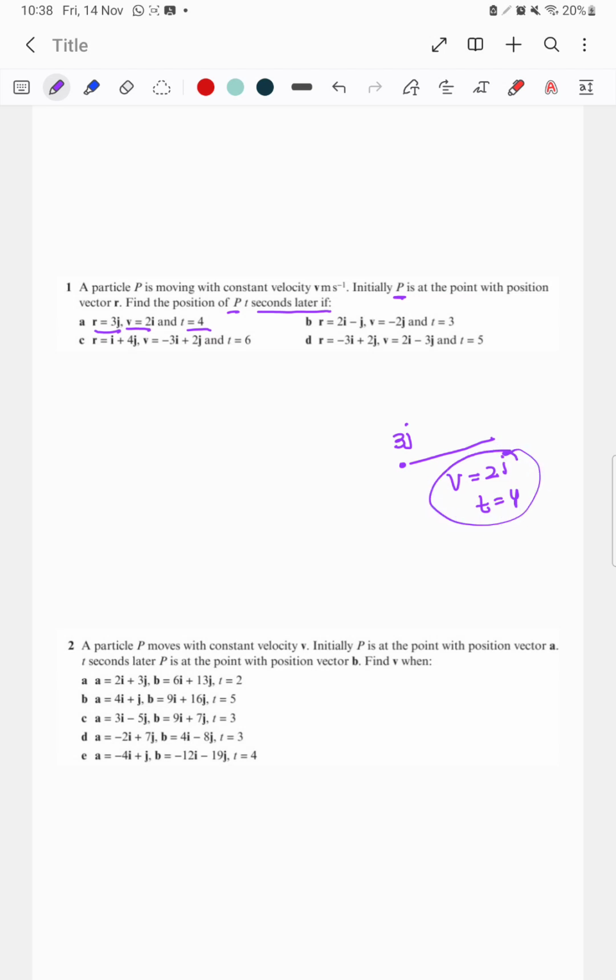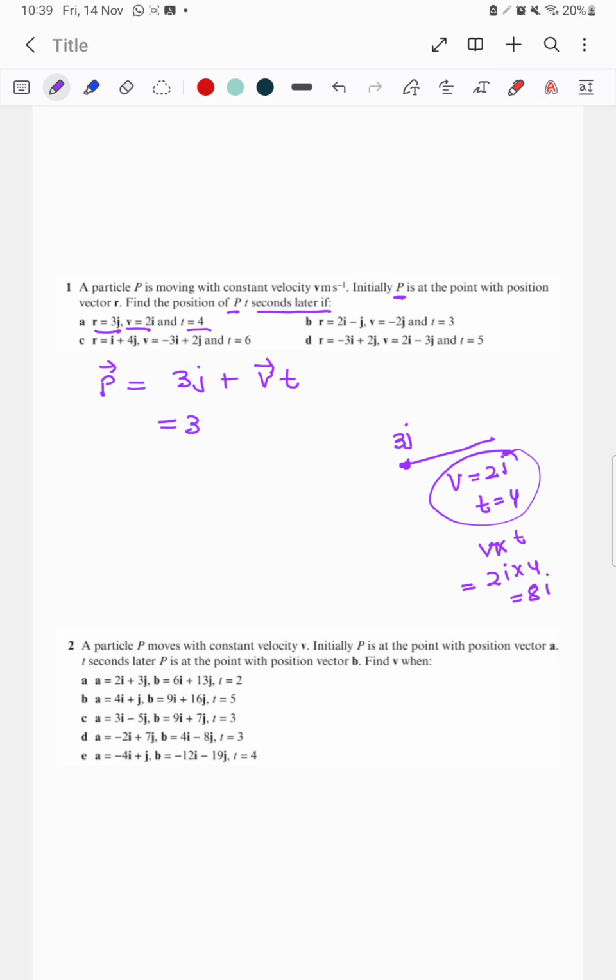So in this case, how much is the displacement? The displacement is velocity multiplied by the time, so it will be 2i times 4, which is 8i. And we have to see what the final position will be. The final position, which I am showing as the p vector, will be equal to its initial position, 3j, plus v times t.